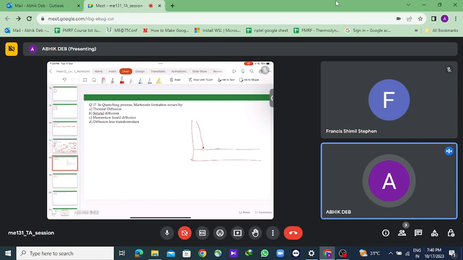One is this, where we either normalize it or do the austempering process such that the grain structure is refined. So there is not much decrease in hardness here, but the ductility is improved. But if we form martensite, then the hardness is increased a lot, but the ductility is significantly low.